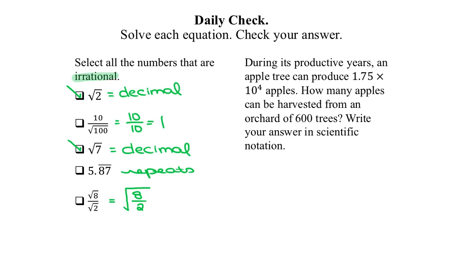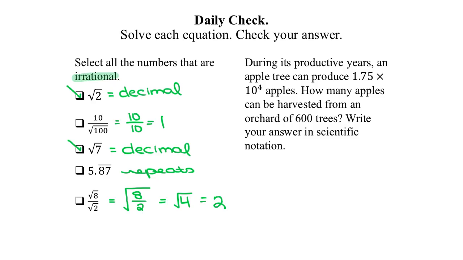What's 8 over 2? 4. What is the square root of 4? 2. This is rational. Your calculator, had you relied on it and just stuck the whole thing in, would have also calculated this out as 2. That's what I got. Very good.